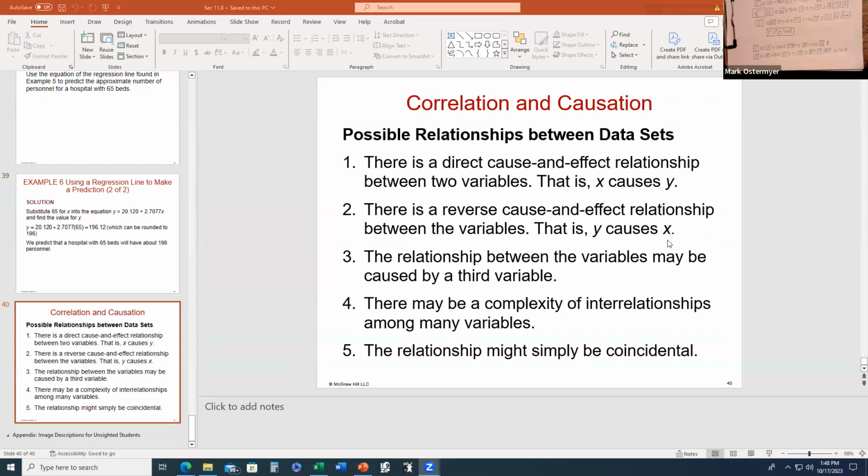Now, some people think that just because there's a strong correlation between X and Y, the X variable must cause the Y variable to do what it does. In other words, ladies and gentlemen, do you think that correlation necessarily implies causation and vice versa? Do you think that's always true?